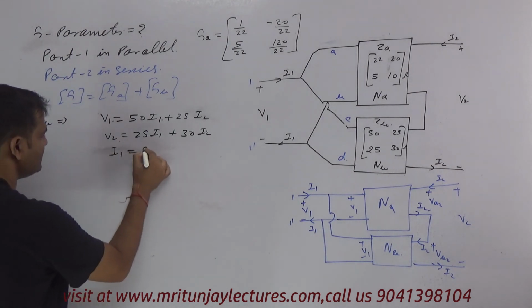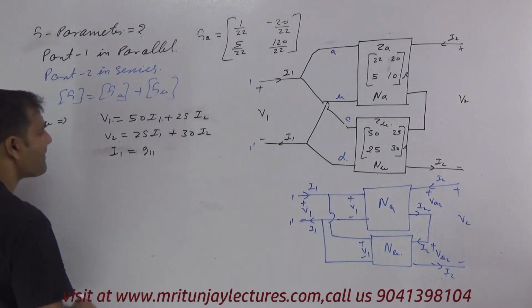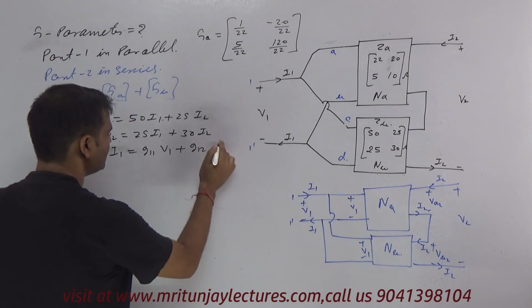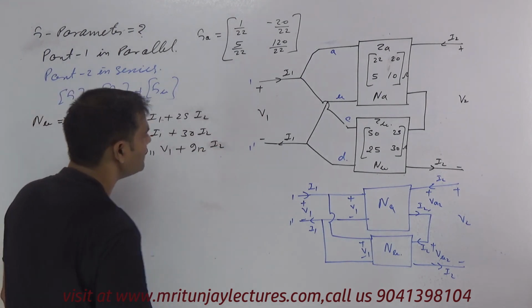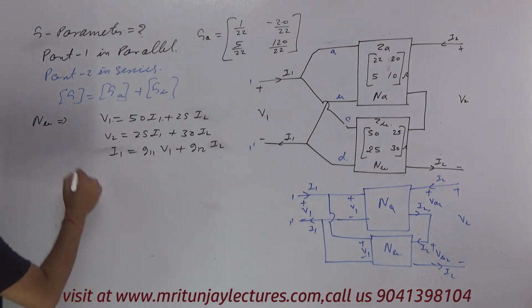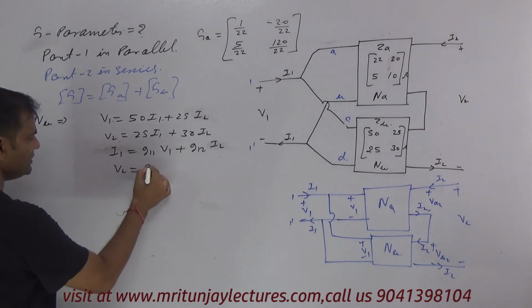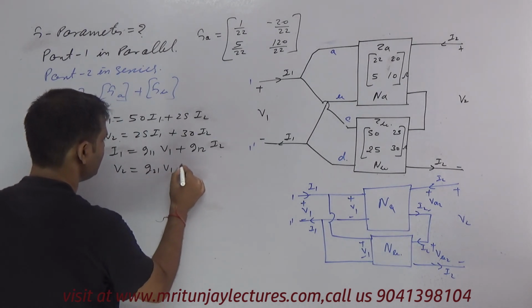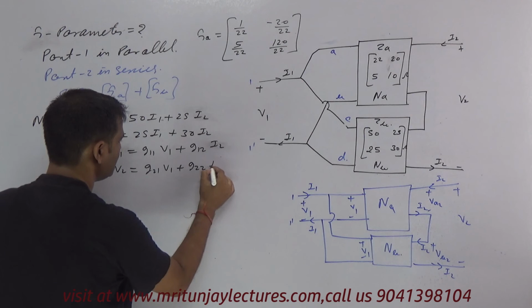I1 is equal to G11 into V1 plus G12 into I2, and here V2 is equal to G21 into V1 plus G22 into I2.